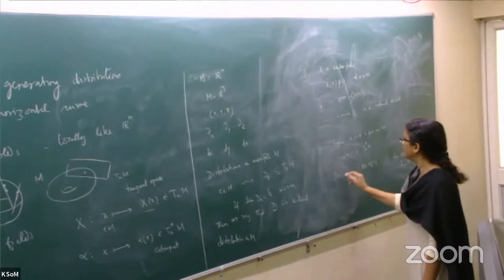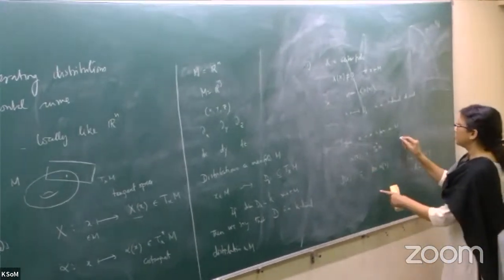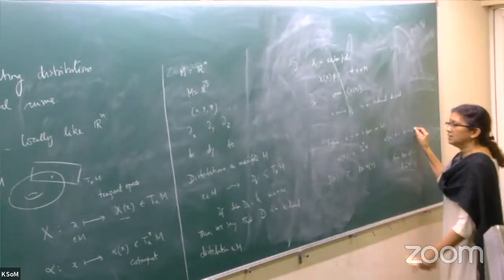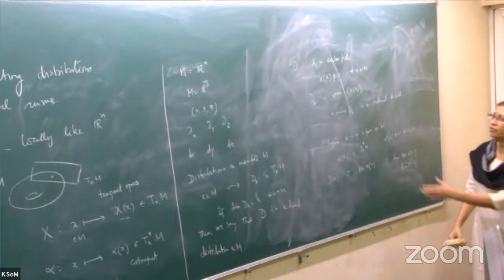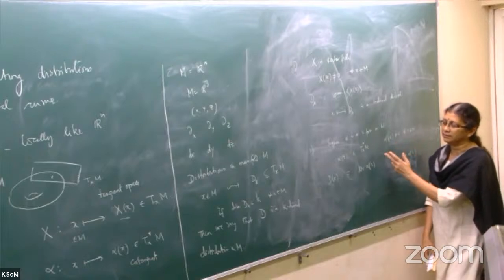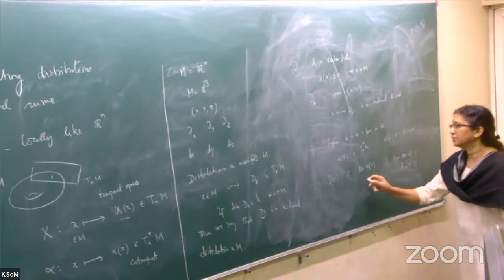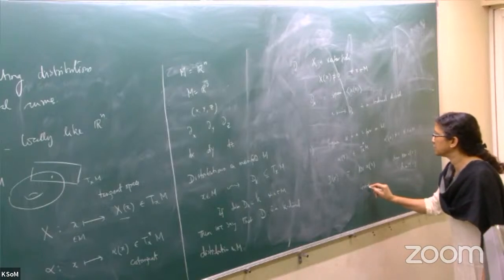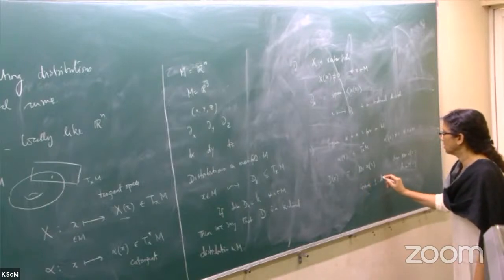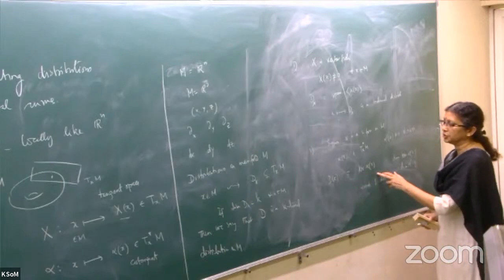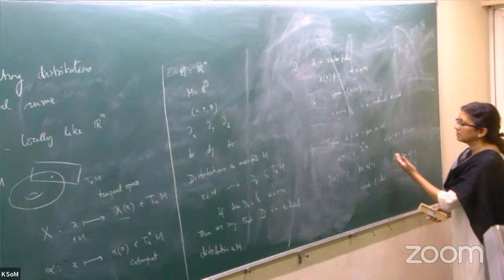Also I assume that alpha_x is non-zero for all x in M. So if we have a non-vanishing one form on a manifold M, then I can define a distribution, which we call a co-rank 1 distribution, by the kernel of this one form alpha.